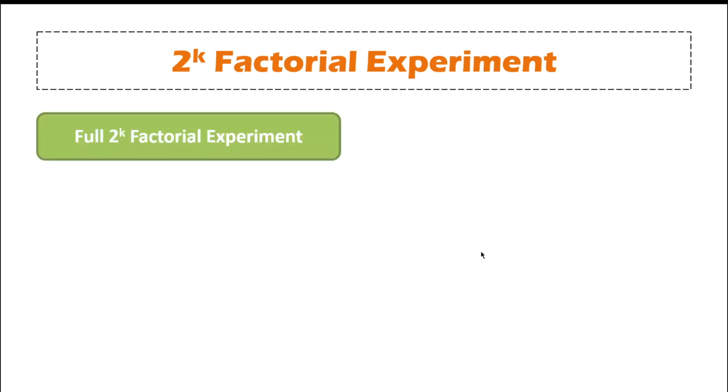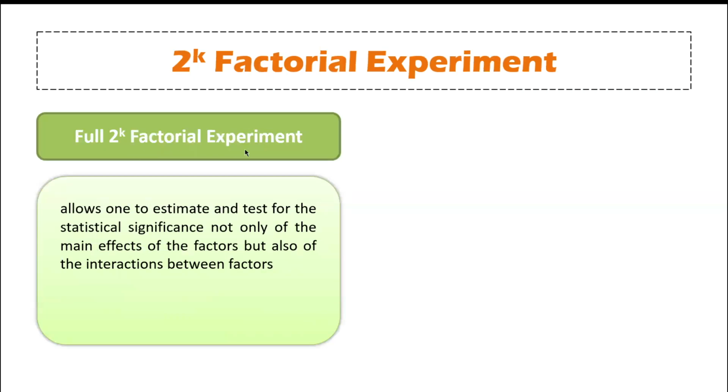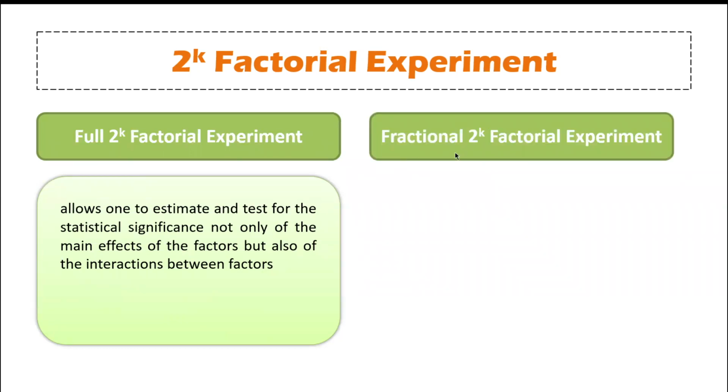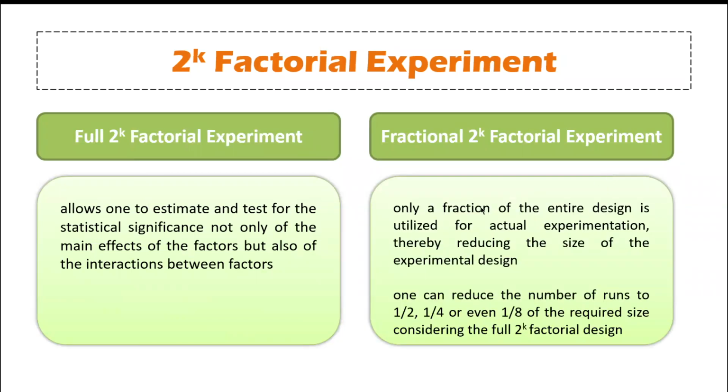Okay? So we can do a full 2 to the k factorial experiment wherein lahat ng main effects pati yung interaction nila is we take it into consideration, pero we can also do what we call as a fractional 2 to the k factorial experiment, no? So in this case, only a fraction of the entire design is to be utilized, no?